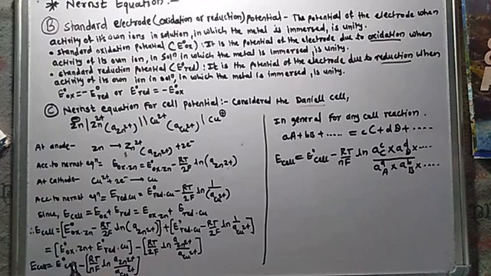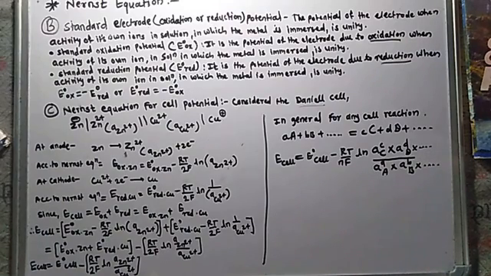In this equation, E standard oxidation of Zn plus E standard reduction of Cu is equal to E standard of cell. So we get the equation E cell is equal to E standard of cell minus RT upon nF, here 2F, ln of activity of Zn2+ divided by activity of Cu2+.